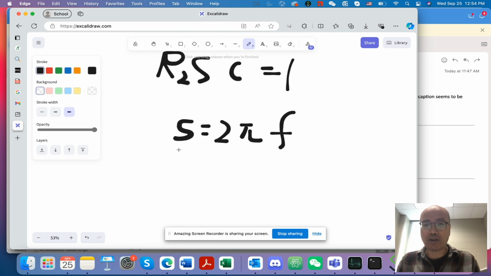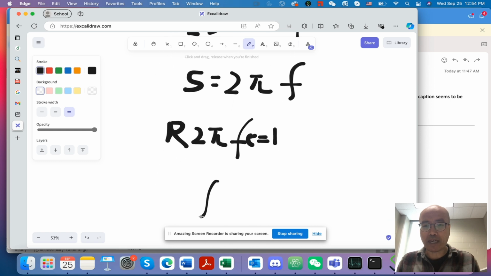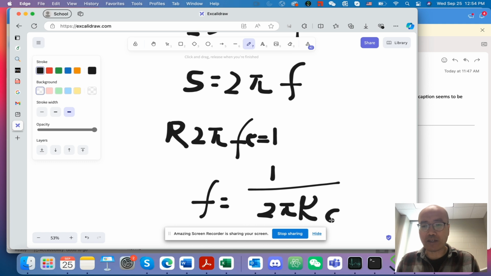We can just ignore this J thing. So that means R 2 pi f C, don't forget C, is 1. That means f is 1 divided by 2 pi R, and this R is R2.